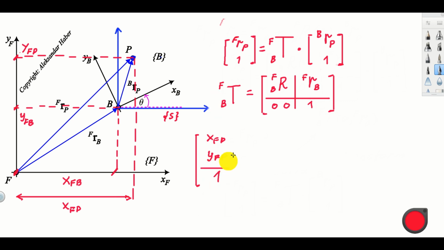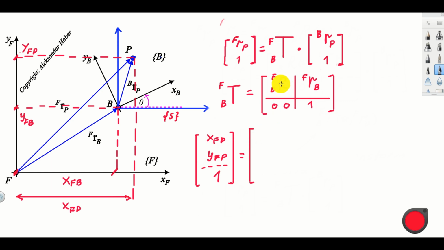And let's make a block here. And let's actually use dashed lines for our block. Then what we will have over here? We'll have a matrix. And let's write all the entries of this matrix.